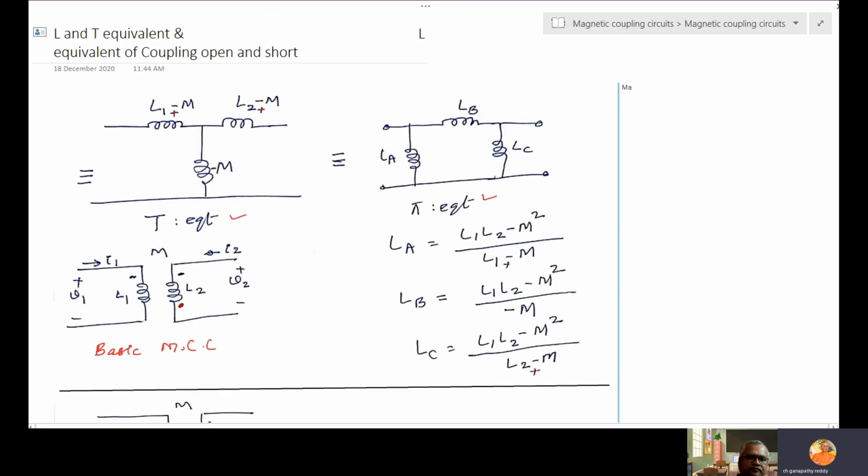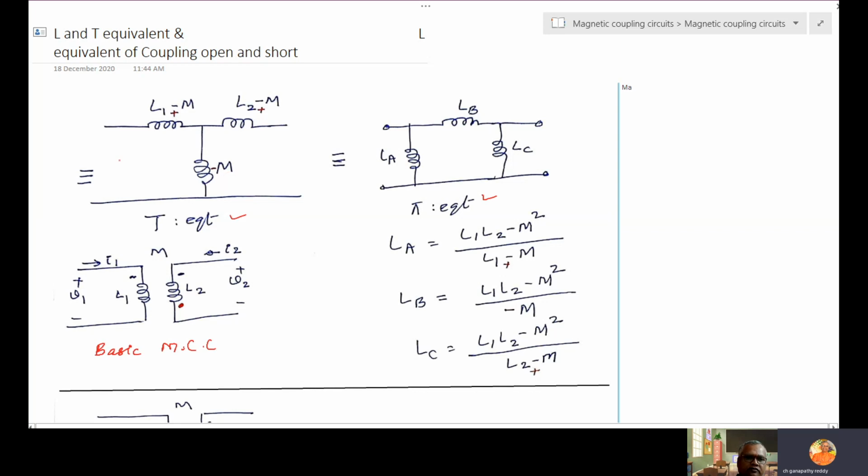What is the basic coupling? Here L1, L2, top side coupling, V1, I1, V2, I2, then M. If it is a T equivalent, L1 minus M, here L2 minus M, here plus M.